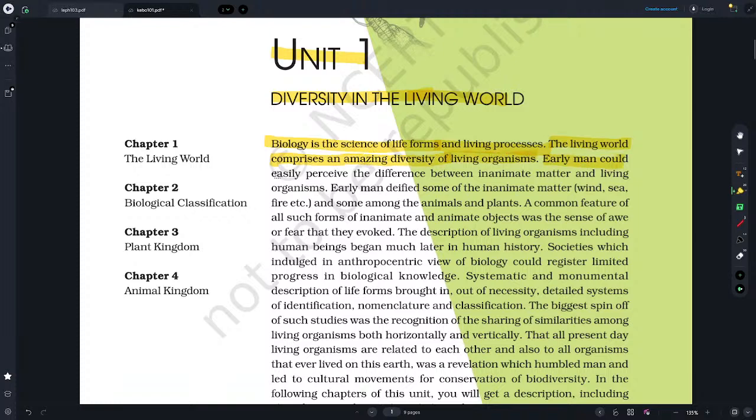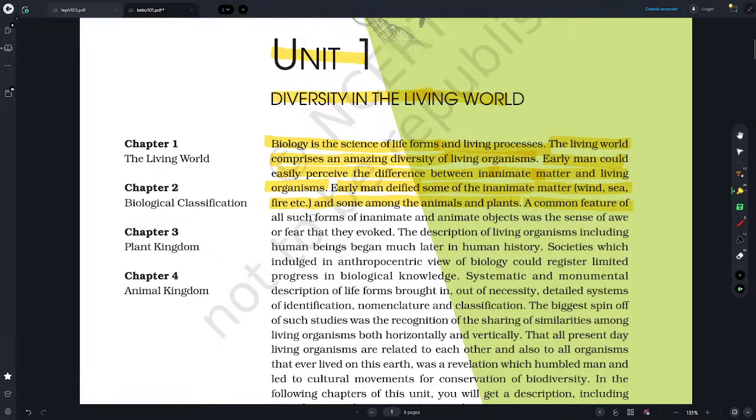Early man could easily perceive the difference between inanimate, non-moving or non-living matter and the living organisms. Early man defined some of the inanimate matter, wind, sea, fire, etc., and some among the animals and plants.